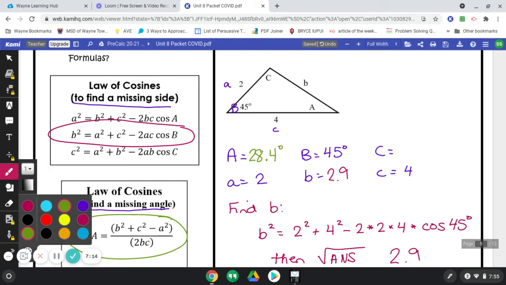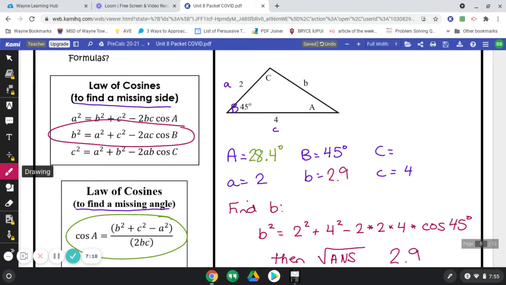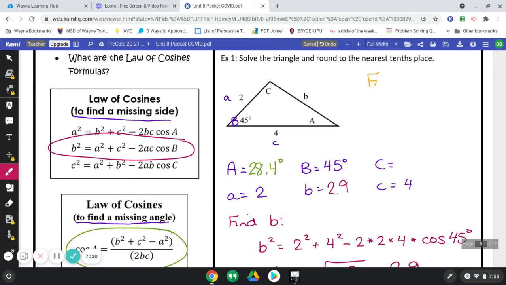And then the good news about the last part, you can actually just subtract from 180 to find this last one. So in order to find C, you do 180 minus 28.4 minus 45. So I'm not going to show you that in the calculator. I know you guys know how to subtract.